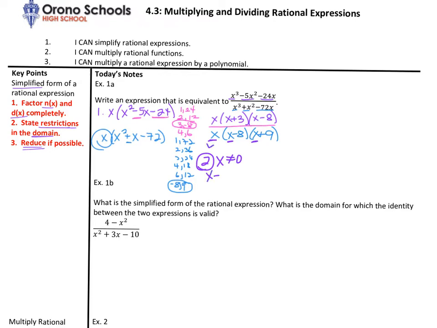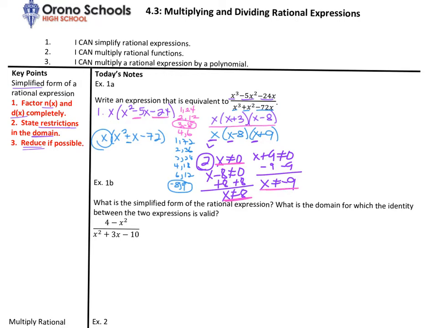But if x minus 8, if that parenthesis can't equal 0, then x can't equal positive 8. And if we have x plus 9, we know that that parenthesis can't equal 0 either, then x also can't equal negative 9. We have 1, 2, 3 restrictions in our domain.